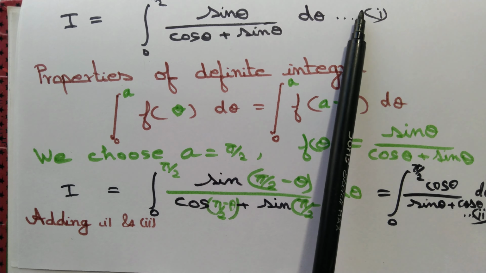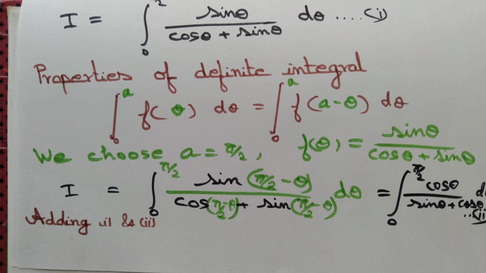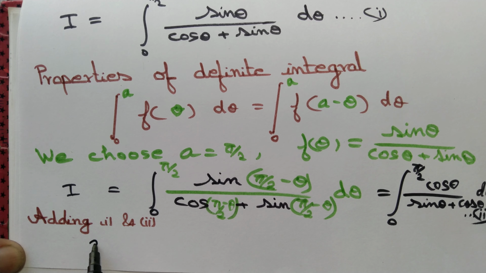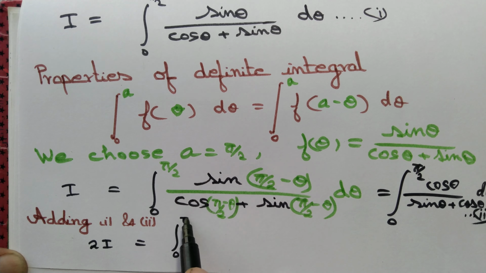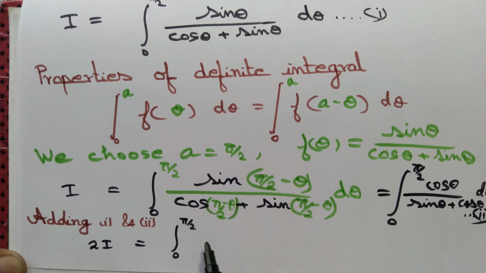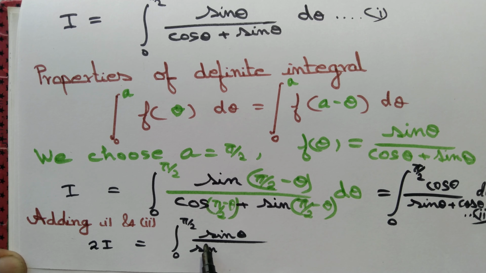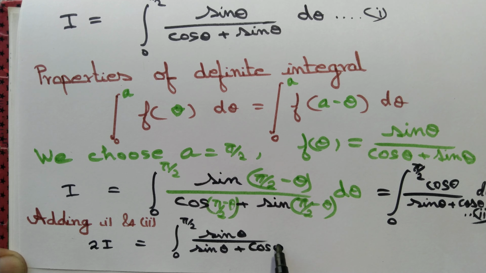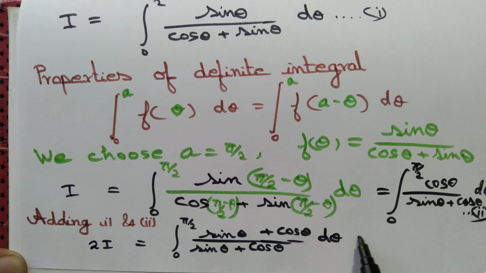When we add equations 1 and 2, we find I on the left hand side and also I on the left hand side. So we will get 2I equal to the integral from 0 to pi by 2 of sine theta divided by sine theta plus cos theta, plus cos theta divided by sine theta plus cos theta, d theta.